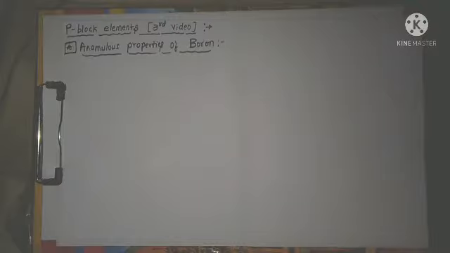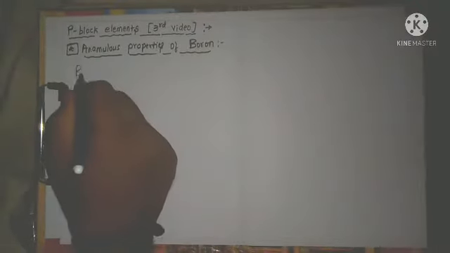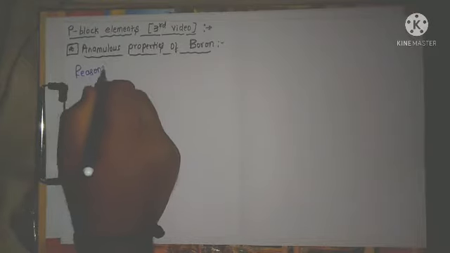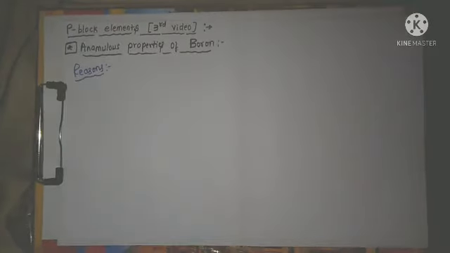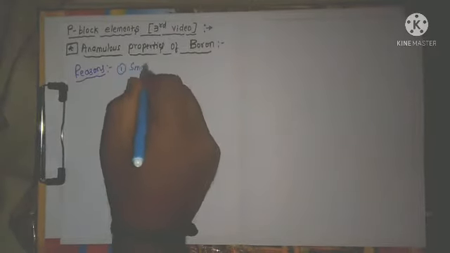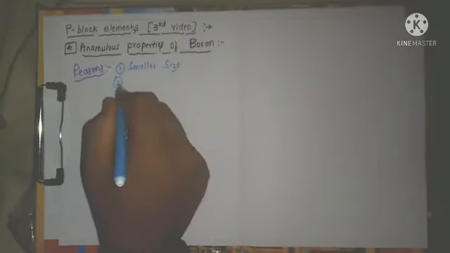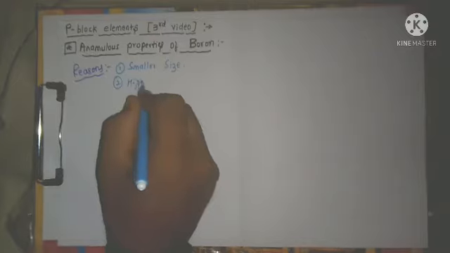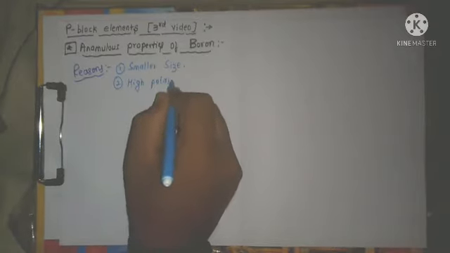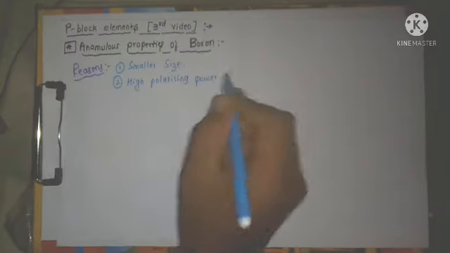That is what I am writing here. Here I will write the heading Reasons. What are the reasons? We will write and discuss them one by one. First one, because of smaller size. Second one, high polarizing power, that is charge by size ratio.